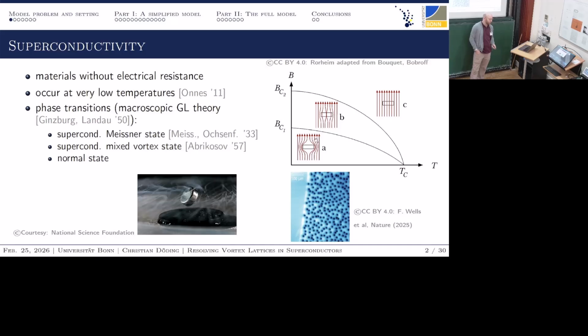When you strengthen the magnetic field or heat up the temperature a little bit, the magnetic field that you apply to this superconductor starts to penetrate the material. And due to the quantum mechanical nature of the process, this occurs at quantized vortices that you see in an experiment in this picture. And these are actually the interesting states that I want to consider in the following.